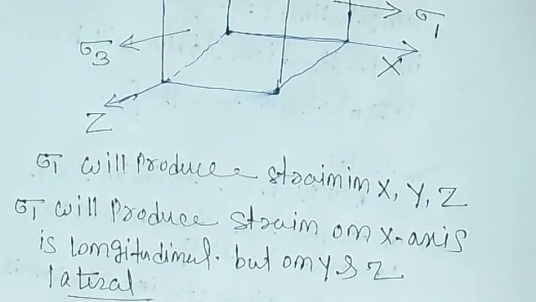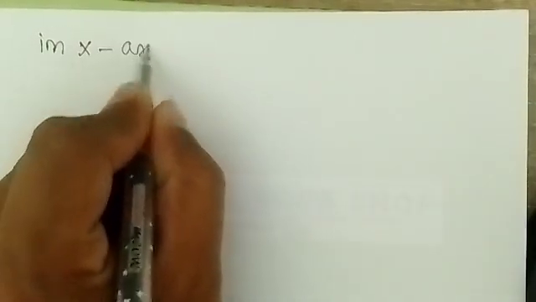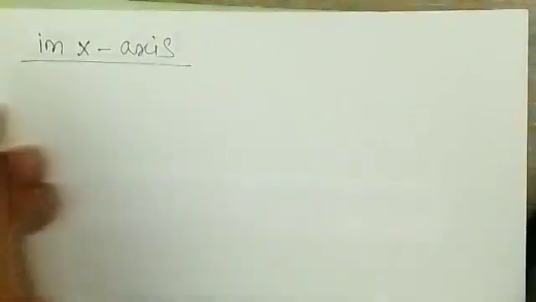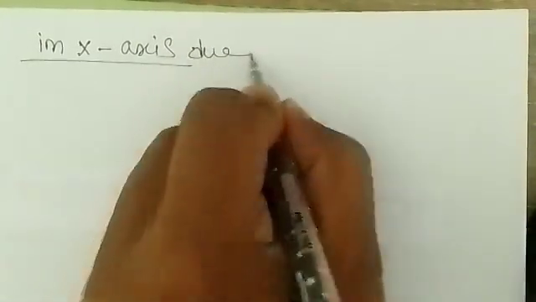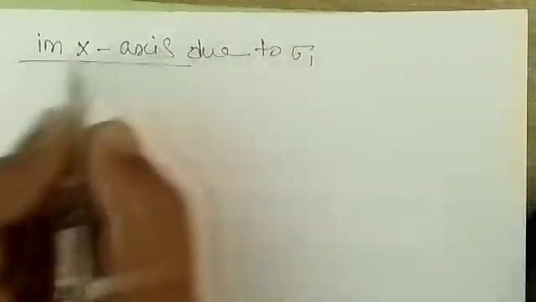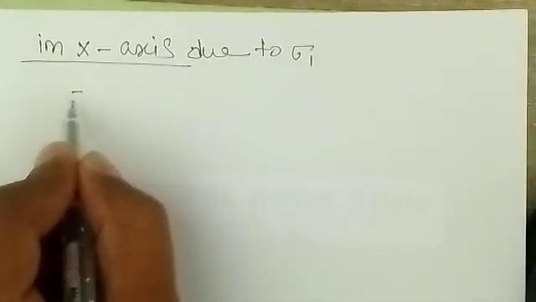So then you can say whatever we have discussed. So you can say here, that is in x axis, because of this sigma 1 in x axis, due to sigma 1, that strain is equal to what?